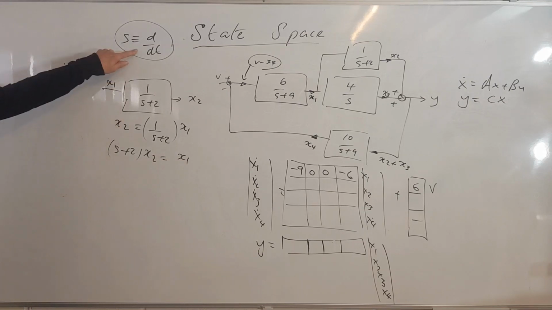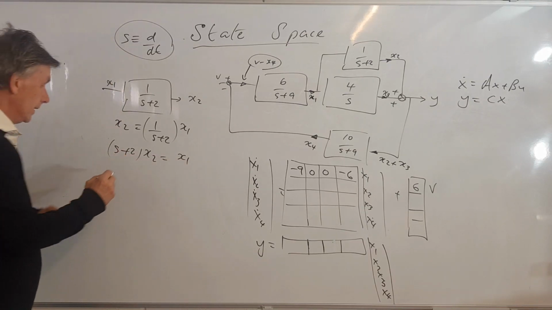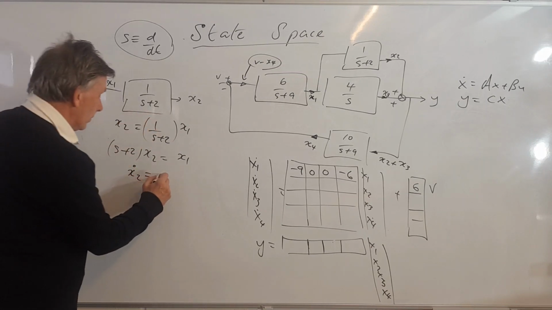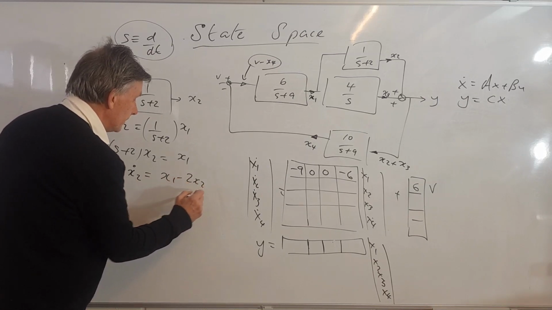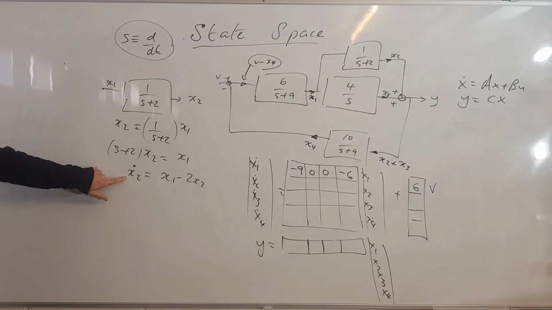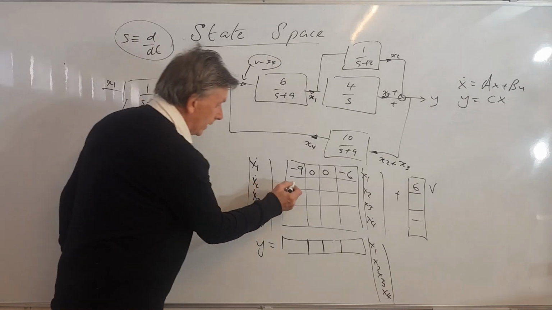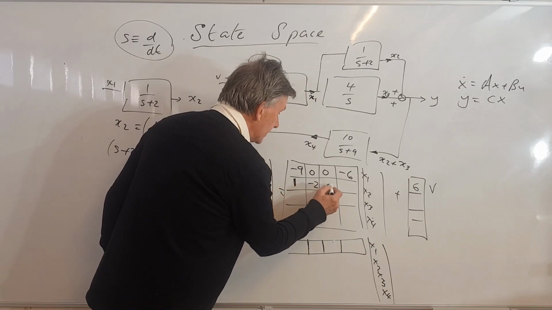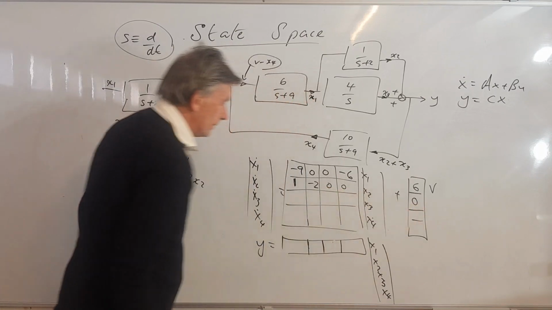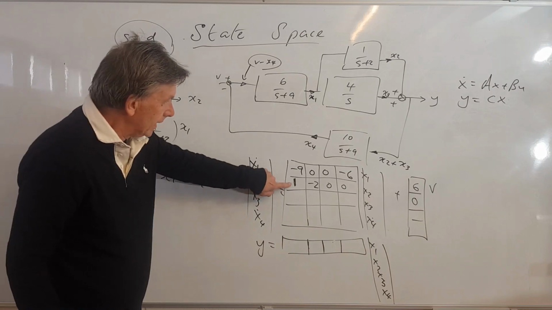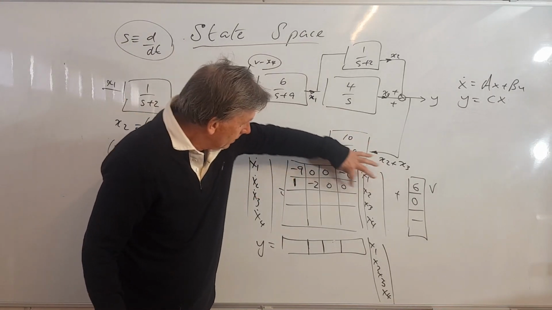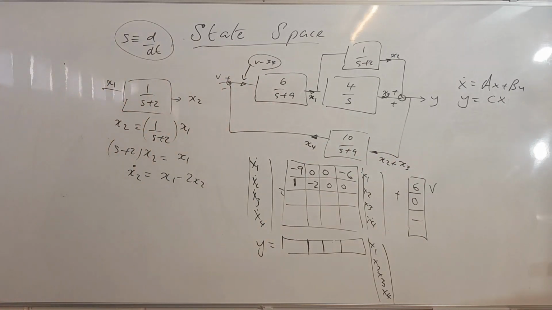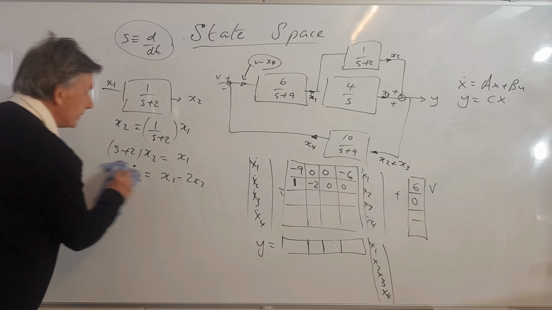Now s is d by dt, so s times x2 is x2 dot. 2x2 on this side will be x1 minus 2x2. So here's our second equation now. x2 dot is x1, so that's going to be 1 in there, and a minus 2 for x2, and then 0 everywhere else. So x2 dot is that times x1, that times x2, that times x3, that times x4 plus 0. And there's our second line of our state space.